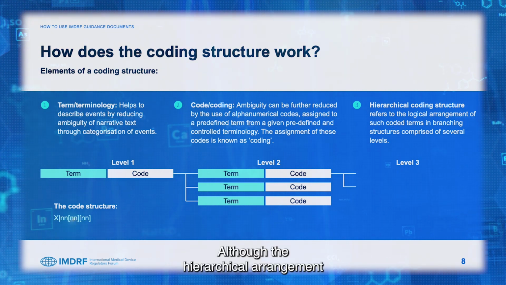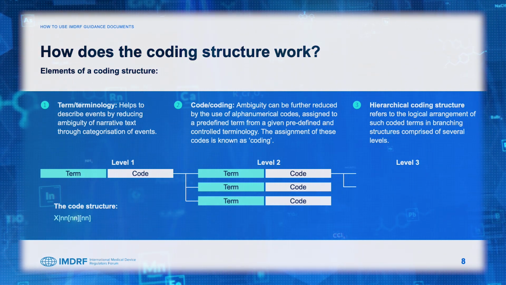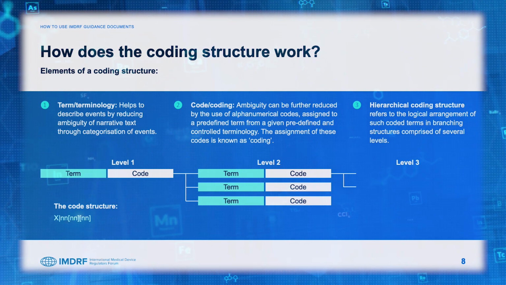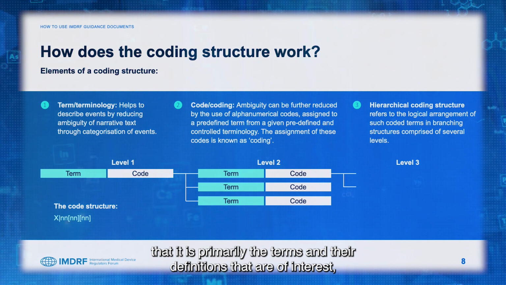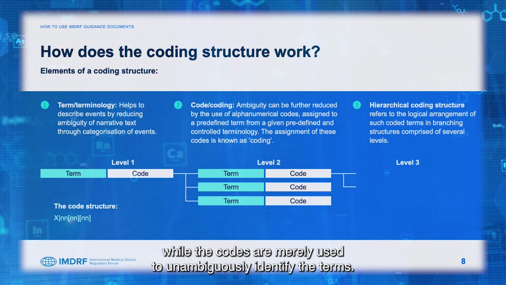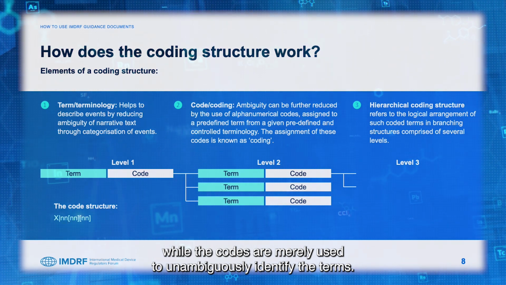Although the hierarchical arrangement has been referred to as a coding structure, similar to ISO TS 19218, it is important to note that it is primarily the terms and their definitions that are of interest, while the codes are merely used to unambiguously identify the terms.